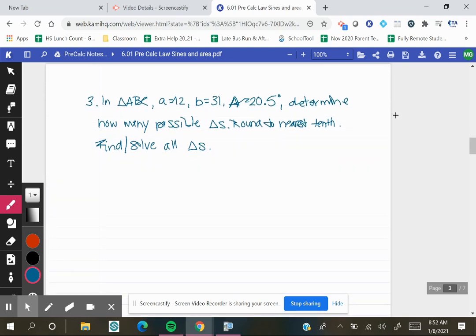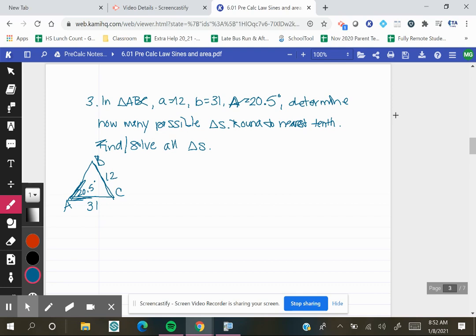Okay, so first let's draw out what we have. Triangle ABC, side A is 12, side B is 31, and angle A is 20.5 degrees. So I notice here I have side A and angle A, so I have a side across from a given angle, which means I can use law of sines.